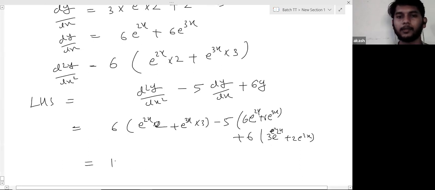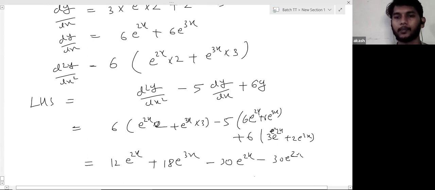This is 12e raised to the power 2x plus 18e raised to the power 3x, minus 30e raised to the power 2x, minus 30e raised to the power 3x, plus 18e raised to the power 2x plus 12e raised to the power 3x.